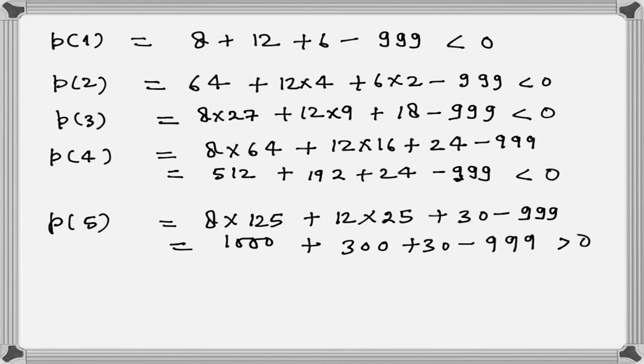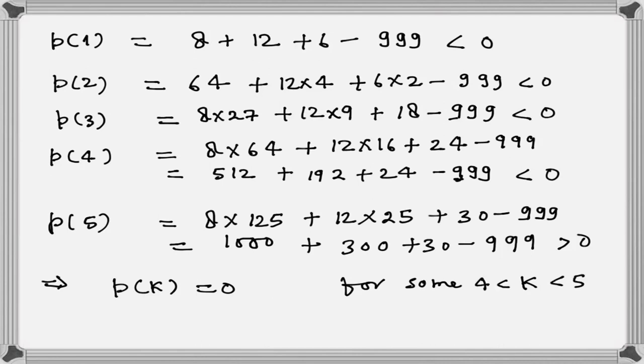So basically between 4 and 5, after 4 it changes the sign. This pk, that polynomial, changes the sign. So this implies that pk will be 0 for some k which lies between 5 and 4.